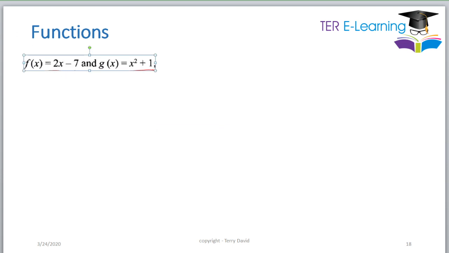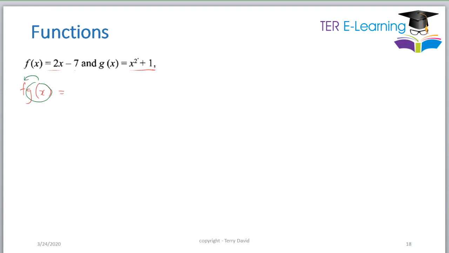So the question wants a composite function, that's what the question is asking for, f of g, right? Now, with the composite function, I need you to understand what we are doing. When they say fg of x, what that means is I'm taking g of x and I'm plugging it into the function f, right?